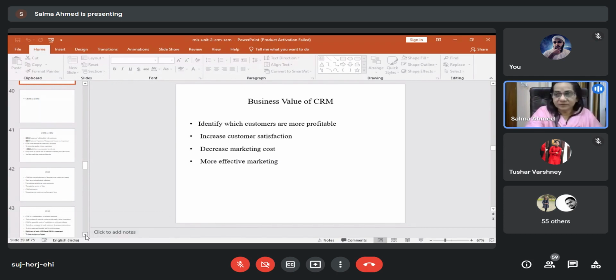We began with importance. Customer is no more a transaction, but we try to determine the lifetime value of the customer. Then second, it is more costly to acquire a new customer than to retain an old customer, 6 times more costly.